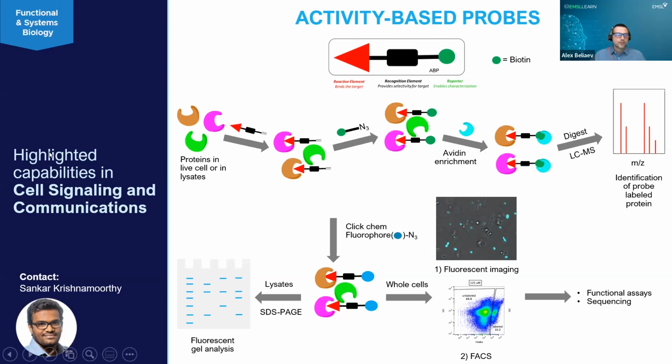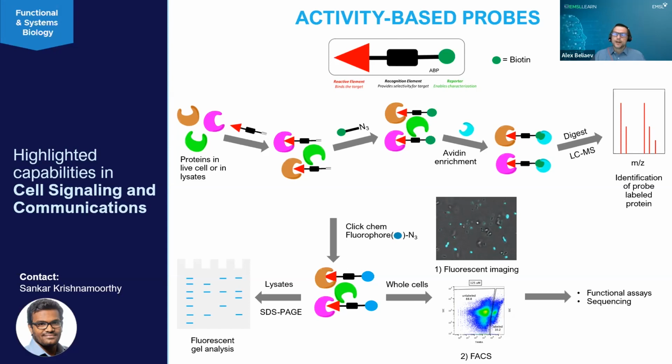The combinatorial approach to ABP design includes incorporation of a reactive element that binds to the target protein, the recognition element that provides specificity, and the reporter element that allows downstream detection, and it enables application of multimodal measurement strategies.